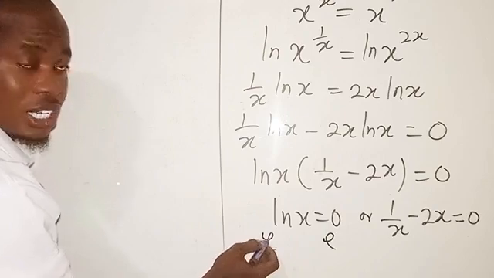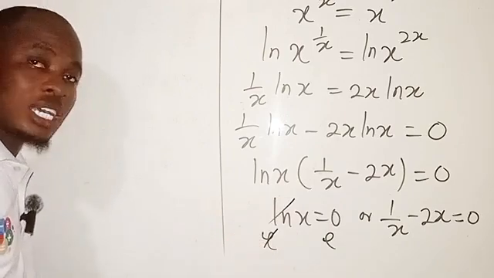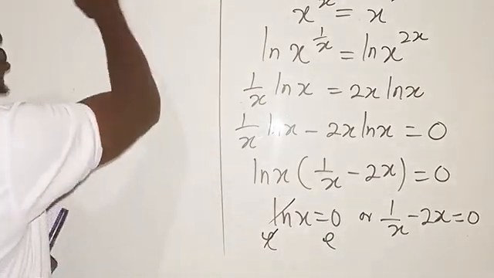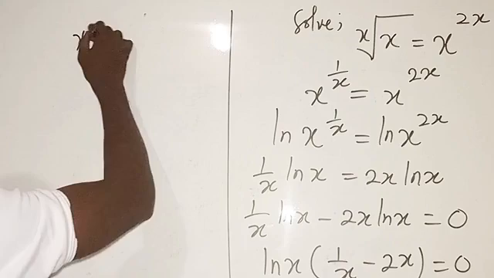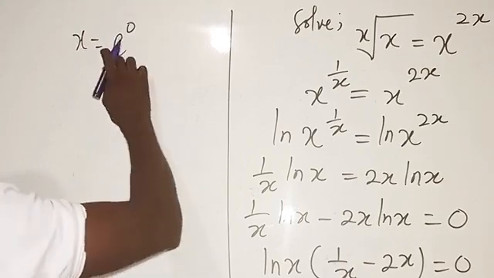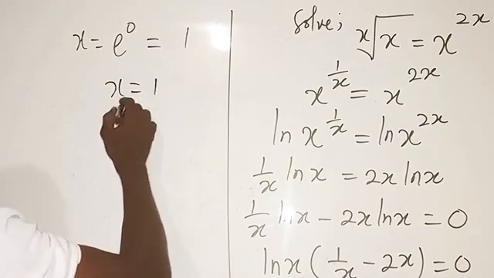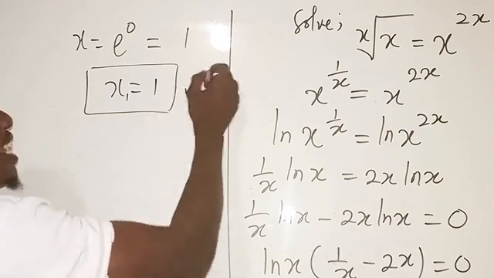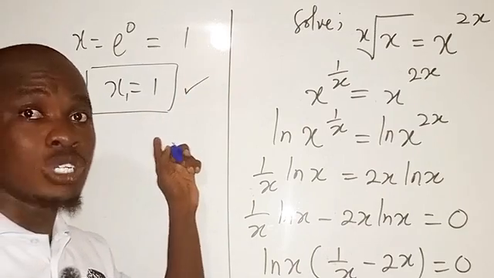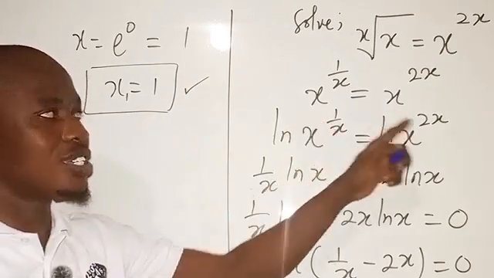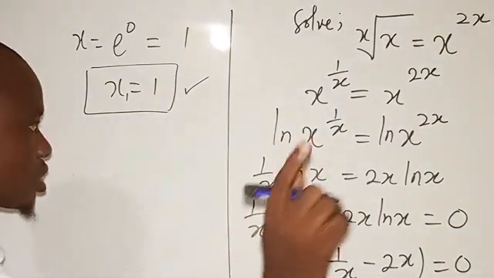This e, we cancel out this ln. Okay, so we're going to have x equals e to the power of 0. Any quantity raised to the power of 0 is going to be 1. So we have x to be 1. So that is the first solution. And that is what you would have missed if you cancel out x from here. So please take note of that.